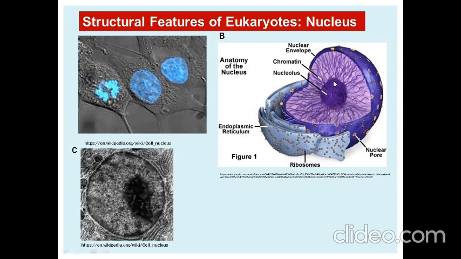Another dense mass inside the nucleus is known as the nucleolus, which is mainly involved in the synthesis of ribosomal RNA and assembly of ribosomes. The nucleus is the largest cellular organelle in animals and mammals. Average diameter is about 6 micrometers.